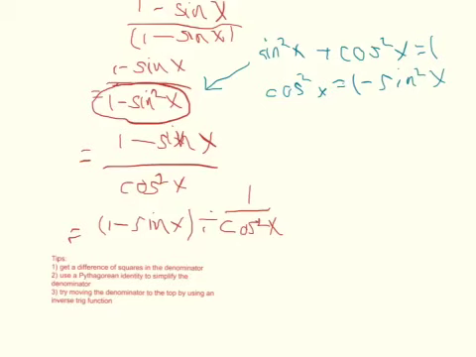So I can rewrite this as 1 minus sine x times cosine squared x. Because if I take the inverse of this guy right here, we're going to multiply by cosine squared x over 1, which is the same thing as cosine squared x.